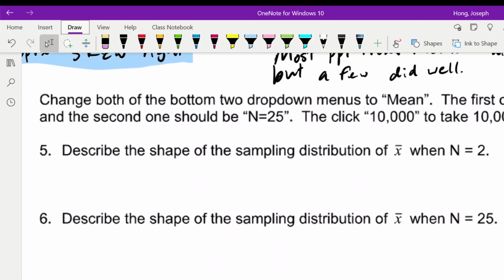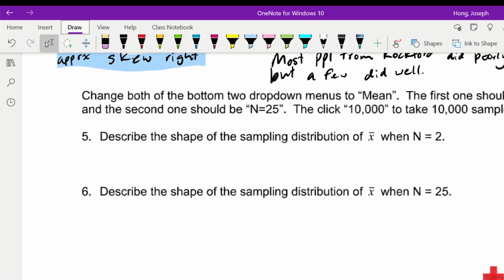Describe the shape of the distribution when n equals 5. So we can say roughly skew right, not strongly, because it looked more normal, but it wasn't completely normal.